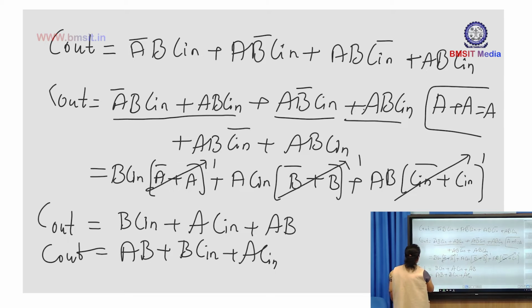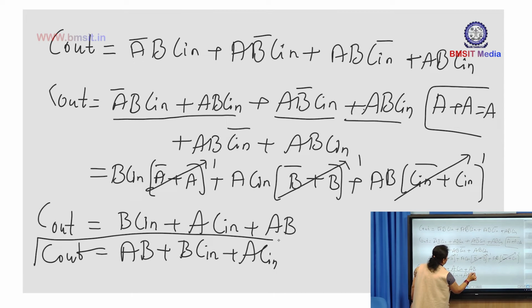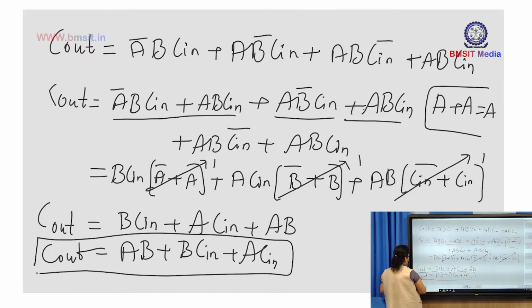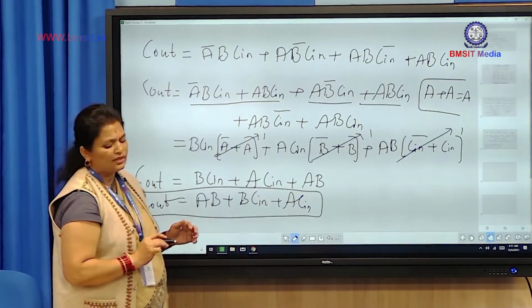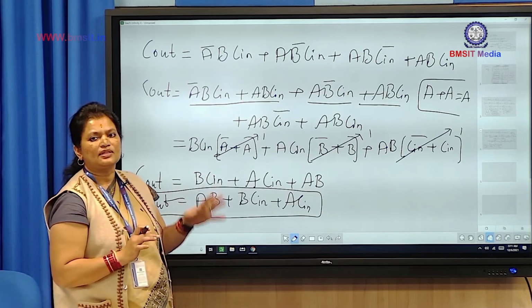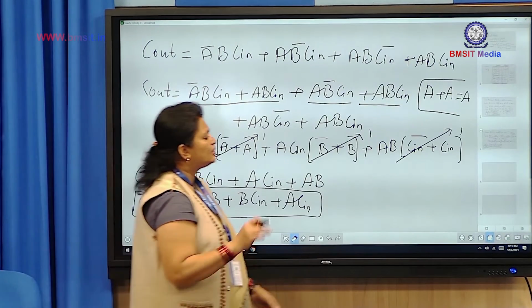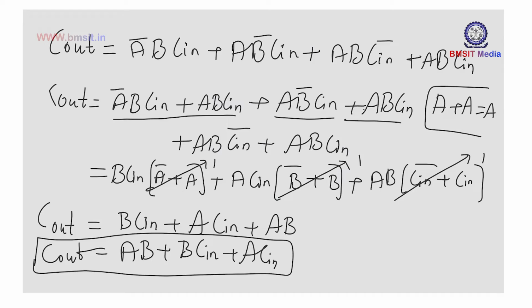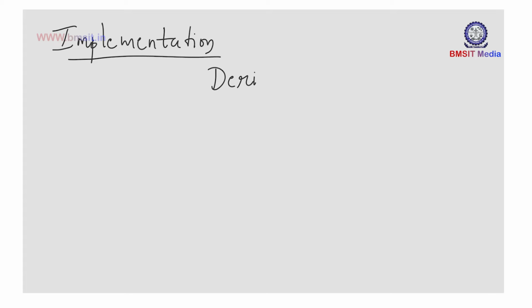So this is our simplified expression for carry out. Now we have the simplified expressions for both sum and carry. So using this, we can go for implementation using gates. So let us go for implementation. First I'll implement using derived gates.